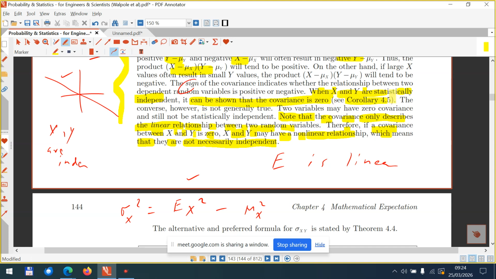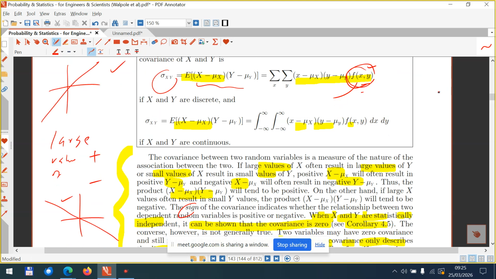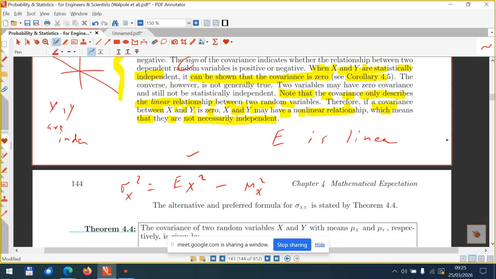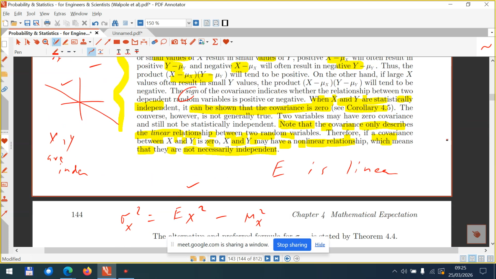You can even prove it. You just start with this formula, expand it, and because you can factor this, when you carry on with the summation, it turns out to be zero. It's intuitively also very clear. But you should not expect the other thing. The converse is, however, not true.